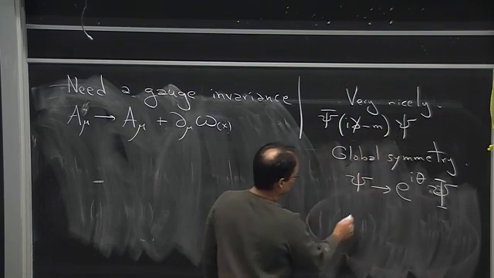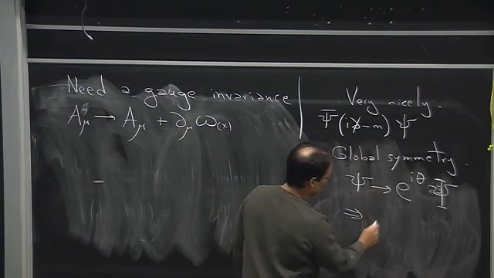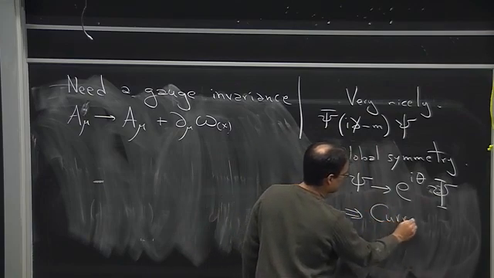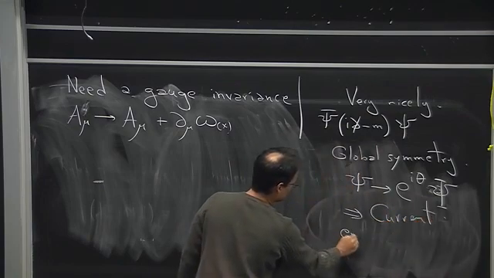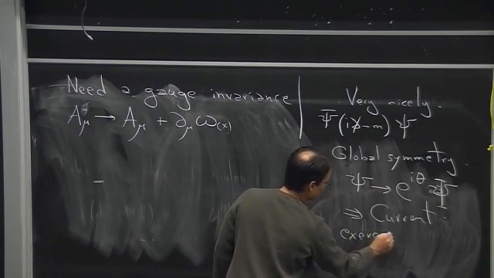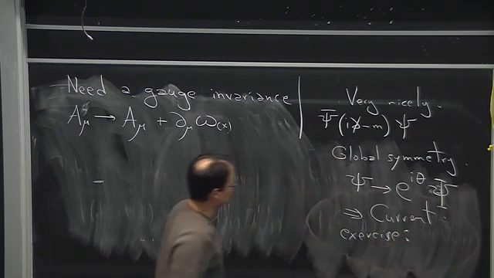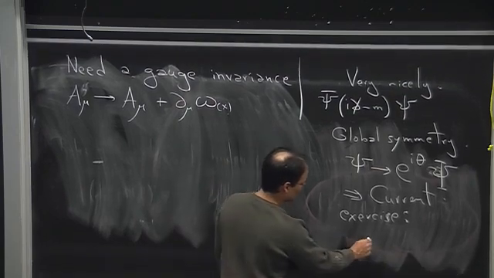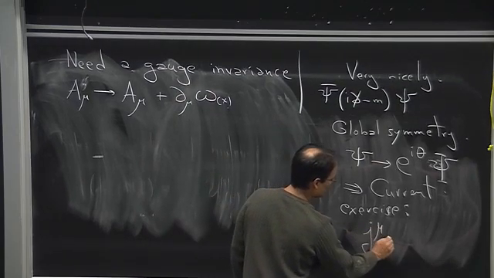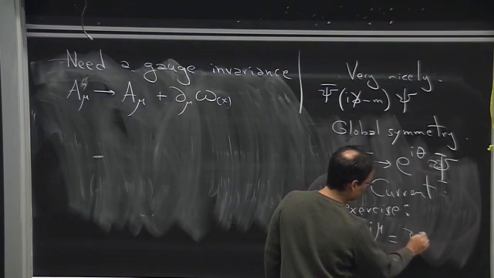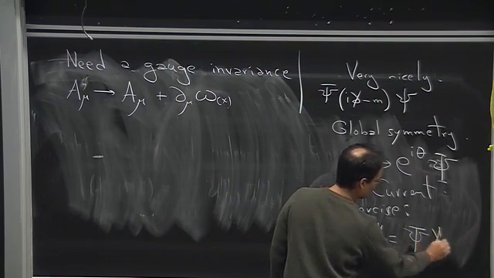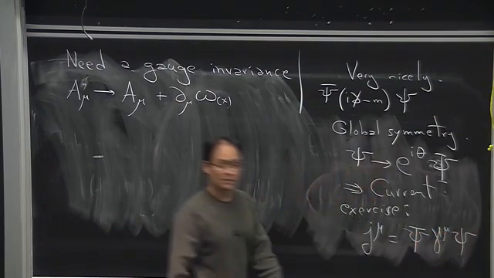There is a global symmetry, and this implies that there is a current. And your exercise in Noether's theorem is to compute that current and show that the current is nothing but this up.